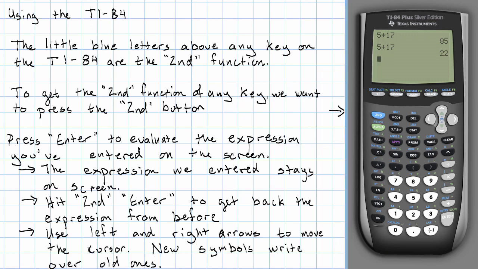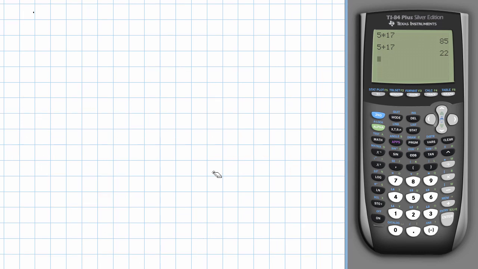Now, that ability to go to the left and replace a symbol is really useful, because one really common mistake when using a calculator is to enter something other than what you intended to enter. There are two other mistakes that we want to be able to correct, in addition to hitting the wrong key.